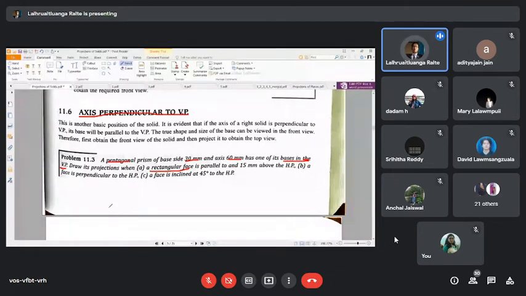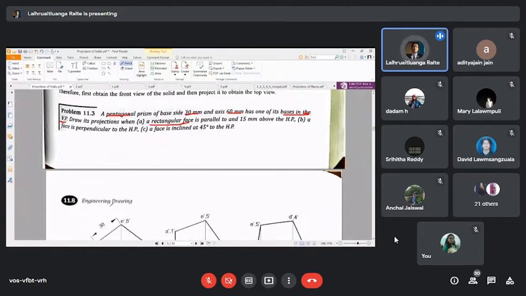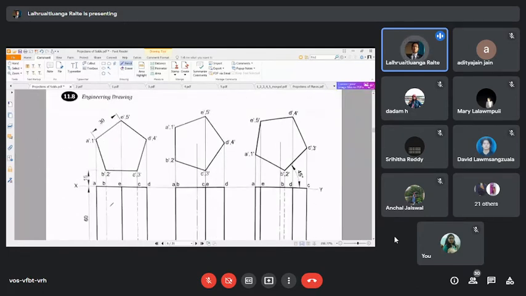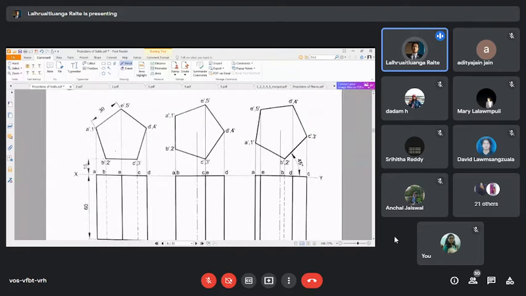All right. I hope everyone has visualized their solids. So in the first condition, our face is parallel to the HP, right? So now our front view is showing the profile of the pentagon. Now this face, as I've mentioned, BC32, that face is parallel to the HP. That means it is parallel to our XY line.